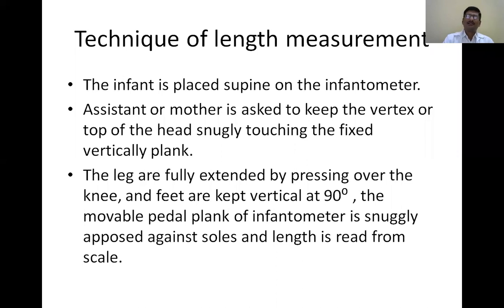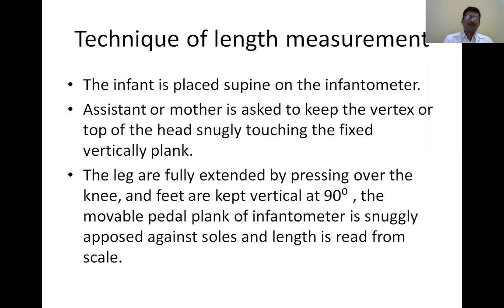How to measure the length? The infant is placed in supine on an infantometer. An assistant or the mother is asked to keep the vertex at the top of the head slightly touching the fixed vertical plank. Let me show you in the picture.